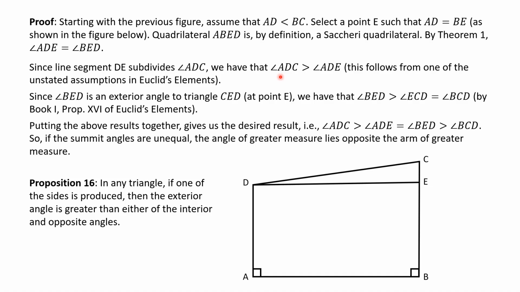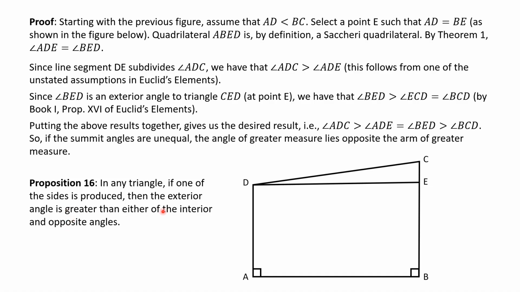So it's pretty obvious, right? If you have an angle and you dissect it, not necessarily in half, the overall angle is going to be bigger than either one of the angles left from the dissection. So then we have this inequality here. We're not done yet. We need a little bit more.